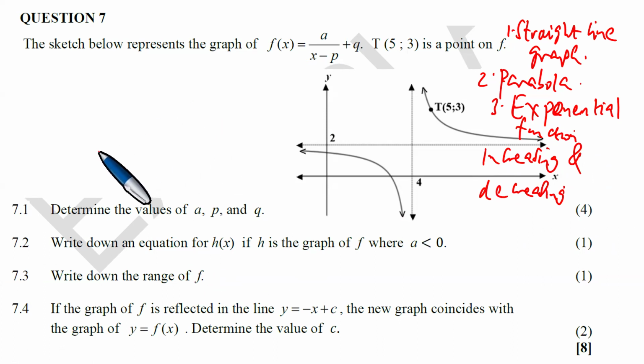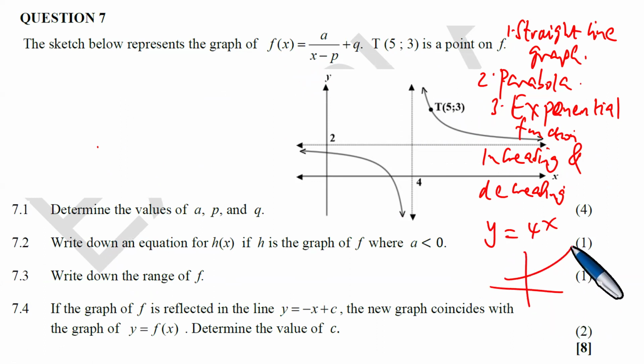Okay, now the sketch below represents a graph of f of x equals this. T is the point on f. What is an increasing exponential function? This one is increasing because the graph is like this, or when x increases, it increases.